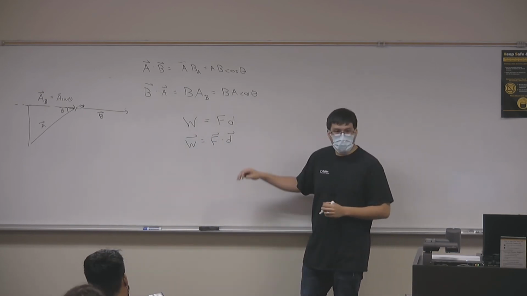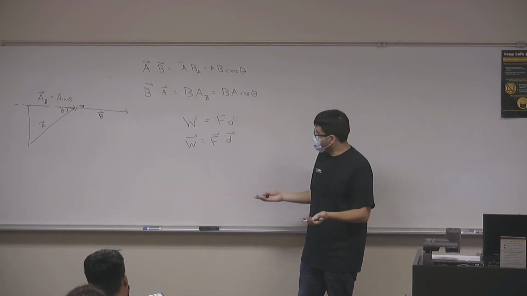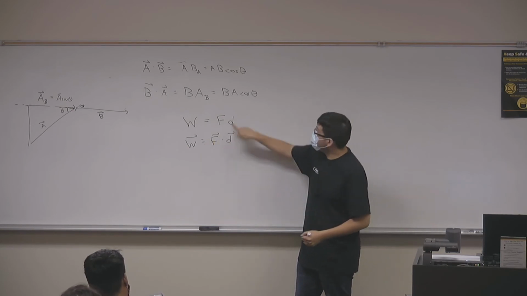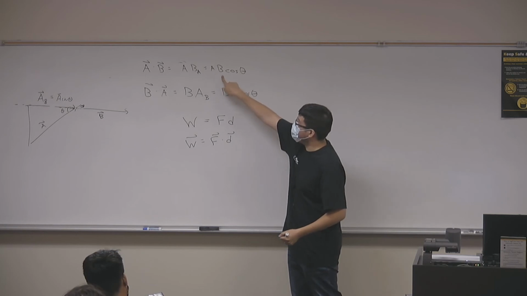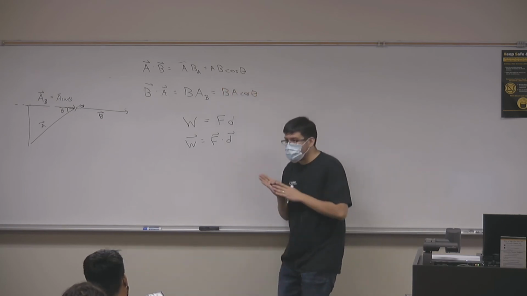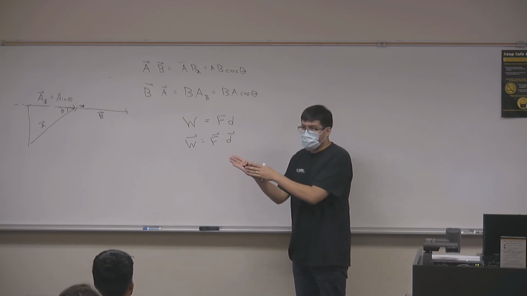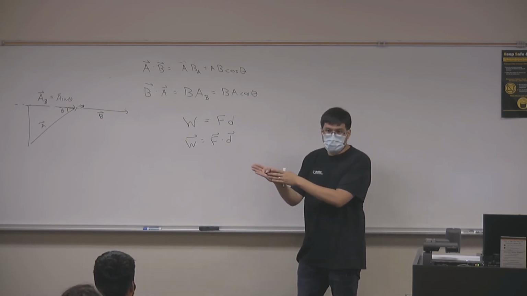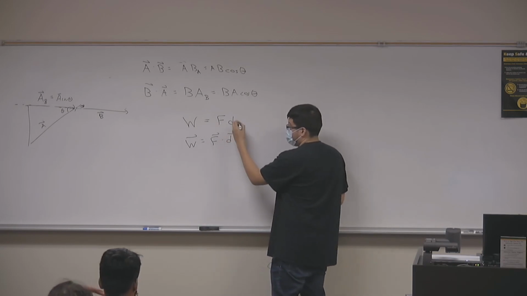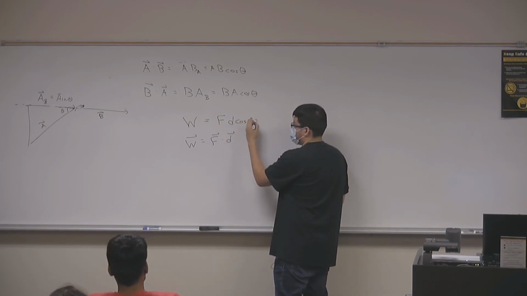And you may say, how do we go from here to here? It's actually pretty easy. F dot D is the magnitude of F times the magnitude of D times cosine of theta. If the force and the direction are in the same line, what's the angle between them? 0. And what's the cosine of 0? 1. So F dot D is equal to F D cosine of 0, which is just 1, which is just FD.